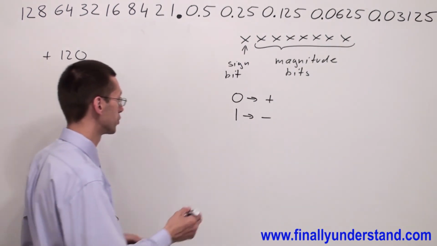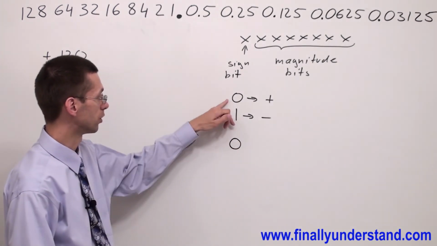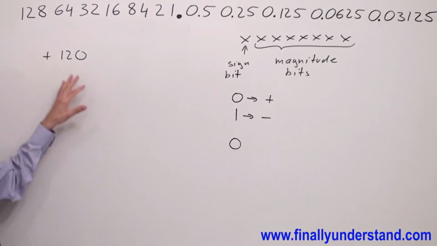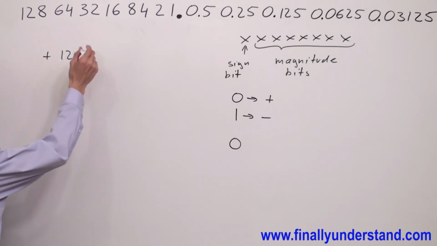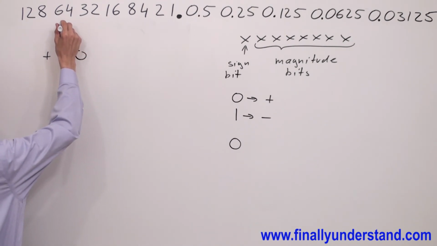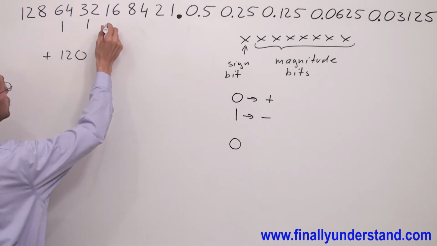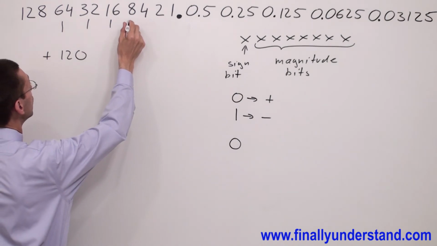That's why the very first bit of my answer is going to be 0, because 0 represents positive. The magnitude is 120, right? So 120 in binary is going to be 64 plus 32 gives me 96, plus 16 gives me 112, plus 8 gives me 120.